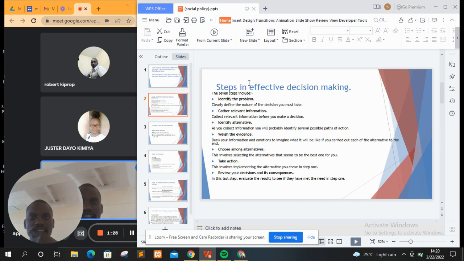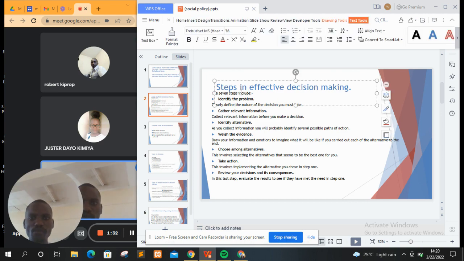Second, gather relevant information, where you collect the relevant information before you make a decision. Number three, identify alternatives. As you collect the information, you will probably identify several possible paths of action.